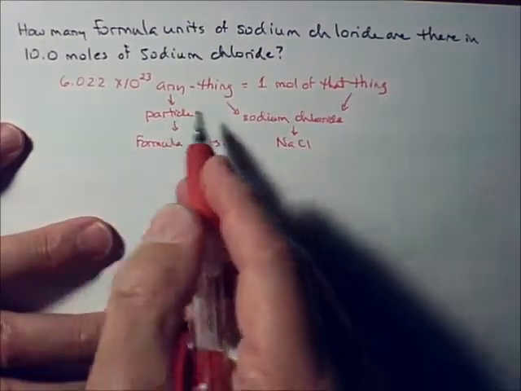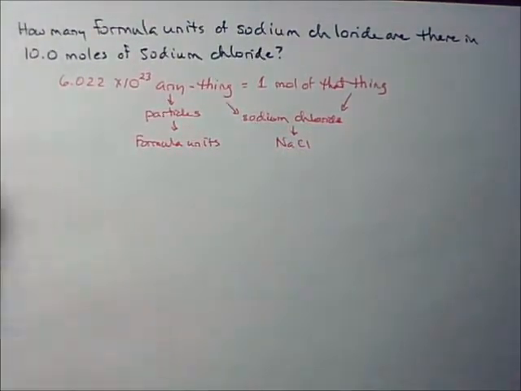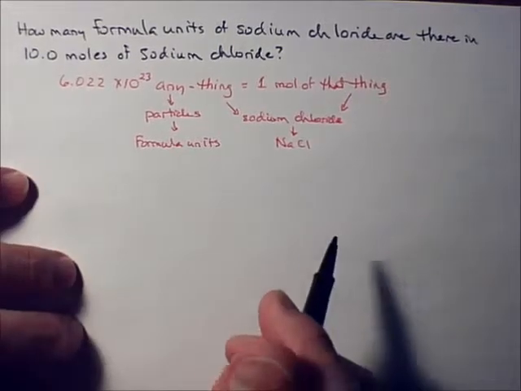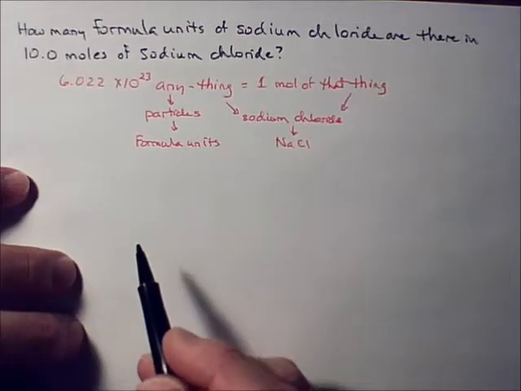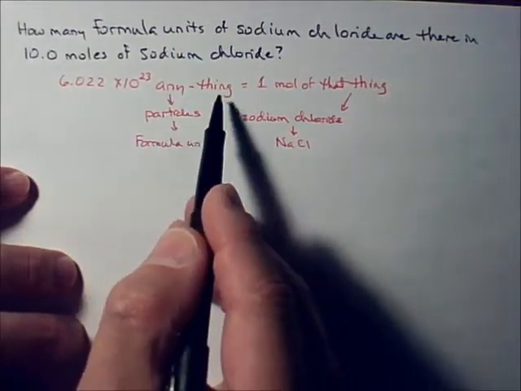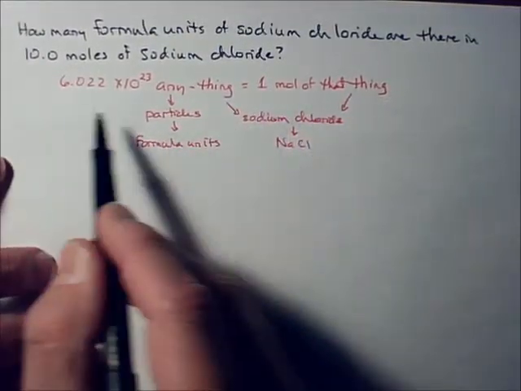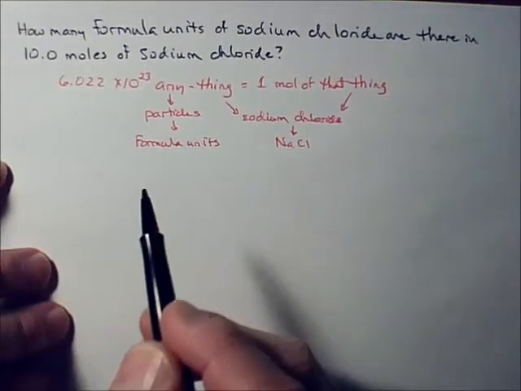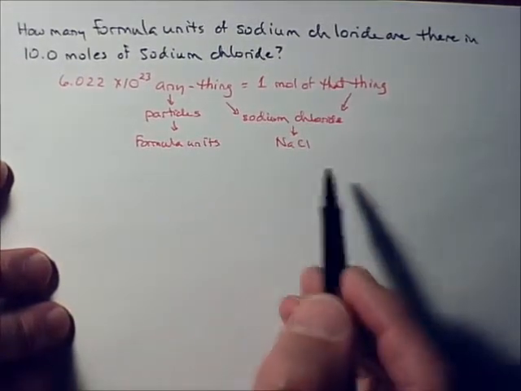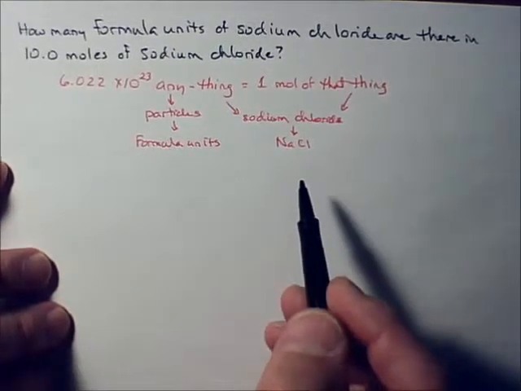Now let's rewrite this equality statement so we can use it to build a conversion unit. Based on what we now know, that it's 6.022 times 10 to the 23rd of anything equals a mole of that thing, let's rewrite it to use these things and these particles. How would you say it, Jason?